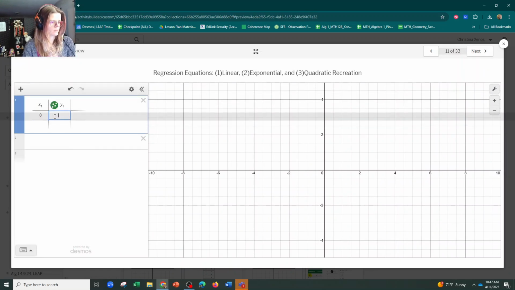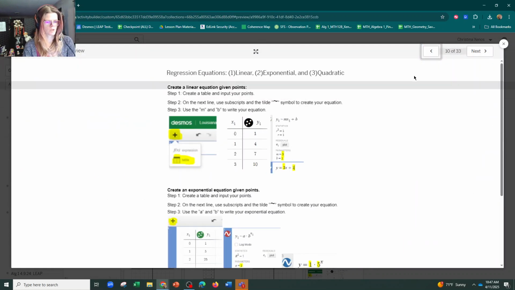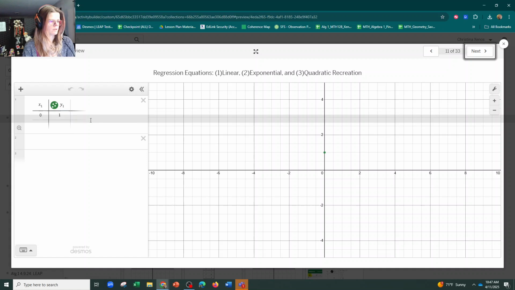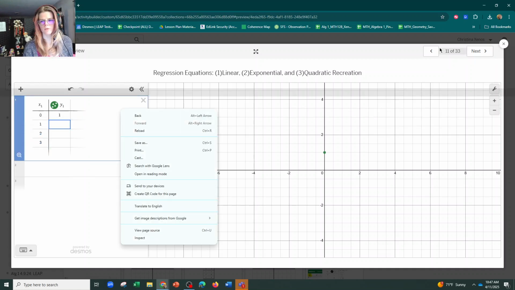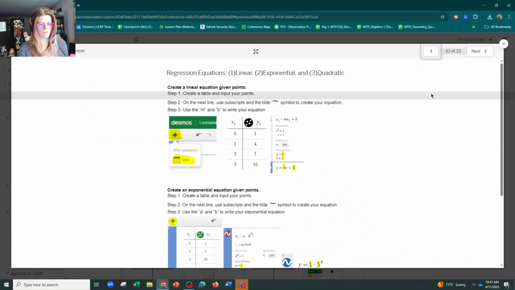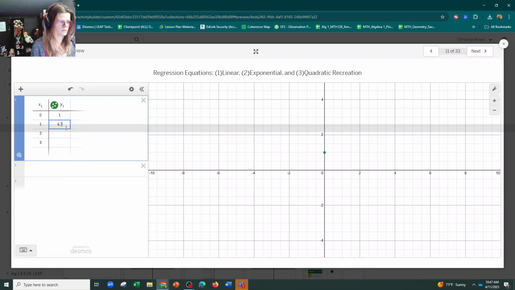I'm going to do the x values first, 0, 1, 2, 3, because it will autofill those x values. And then 4, 7, 10. I'm just hitting enter to go down to the next row.